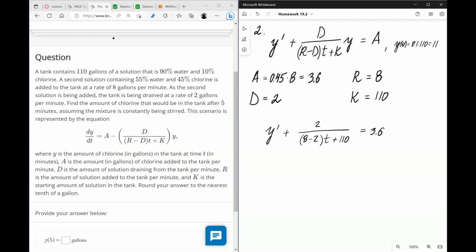8 minus 2 is just 6. So we can write this equation like this. And we can also reduce everything by 2. So here we have 3t plus 55.